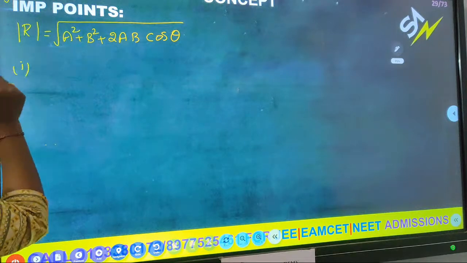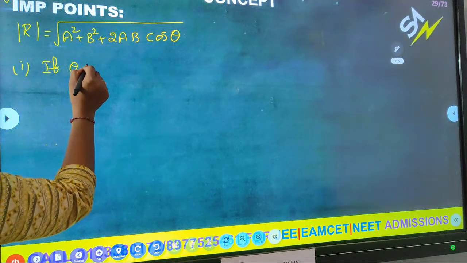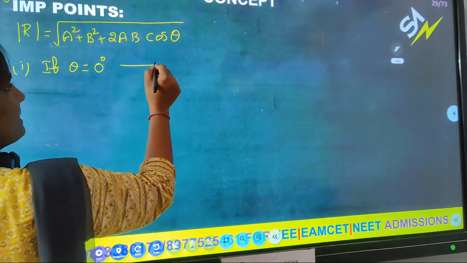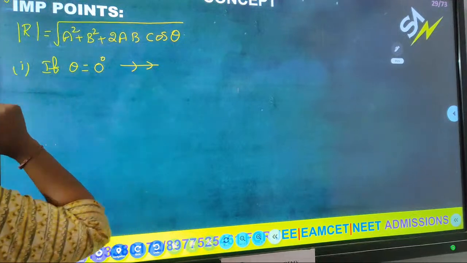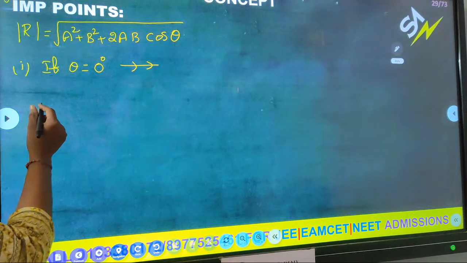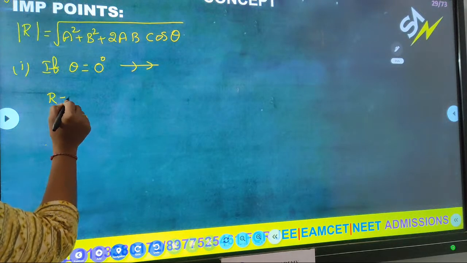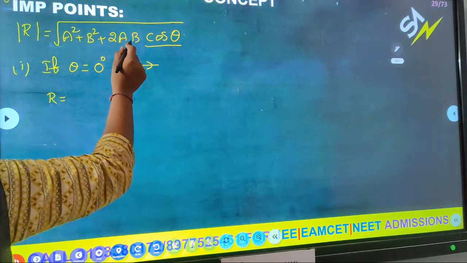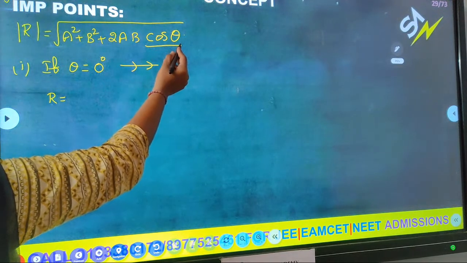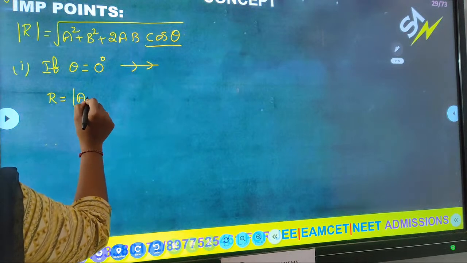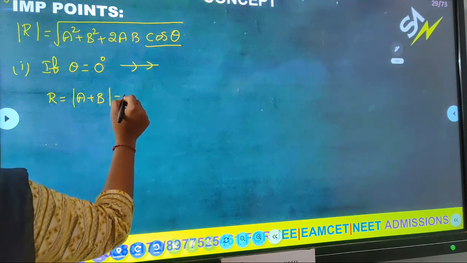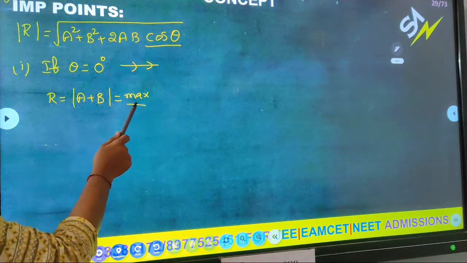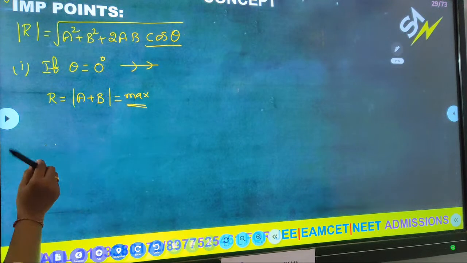So let us see, if the angle between the vectors is 0 degrees, means both the vectors are in the same direction, means they are parallel to each other, then the resultant, if you put 0 here, will be a plus b whole square, where cos 0 is 1, so the resultant is a plus b, which is the maximum resultant magnitude of two vectors a and b.